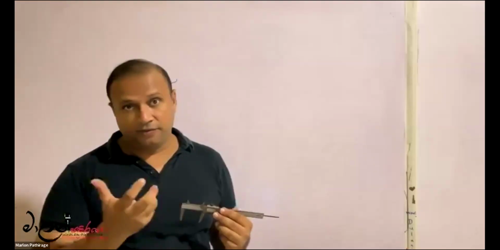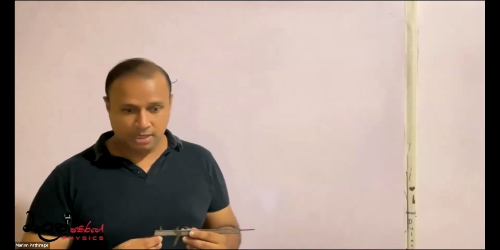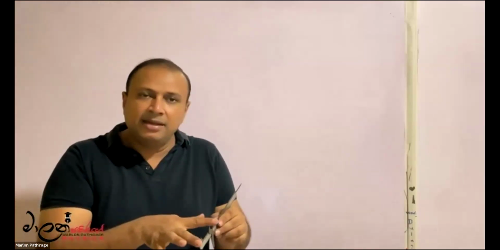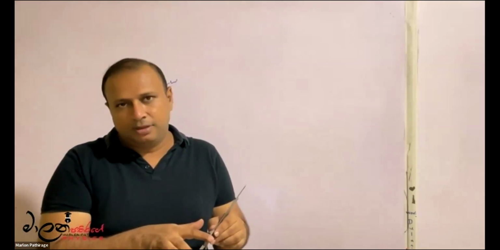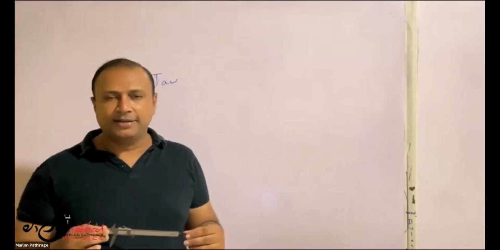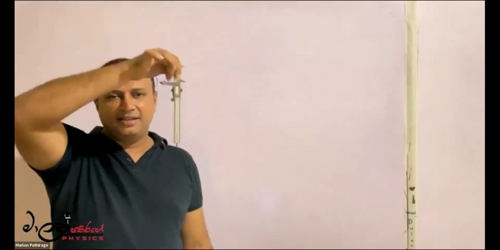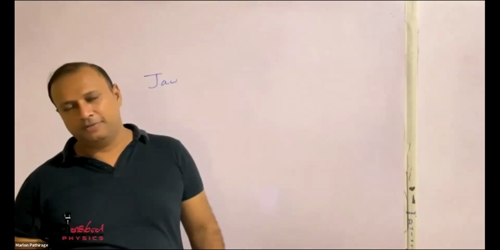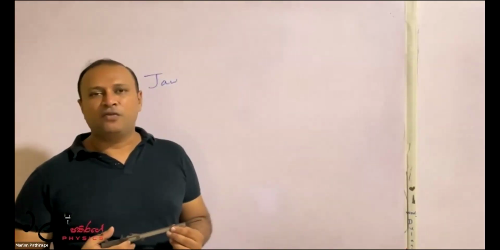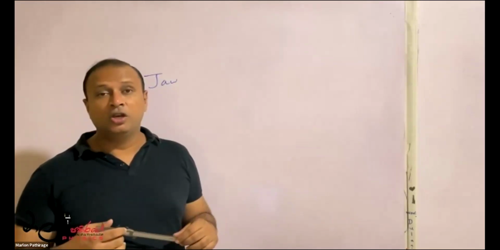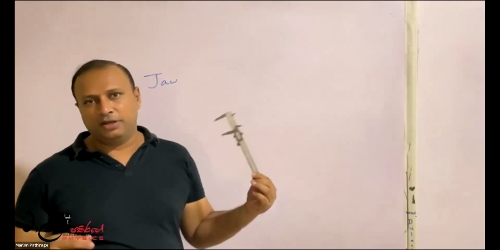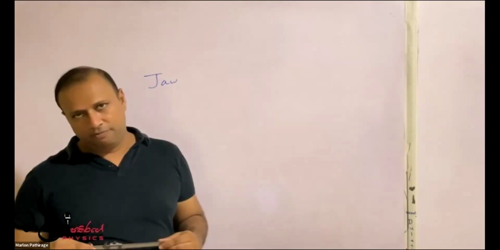External measurements of an object, internal gaps of an object, and then the third one is the depth of a hole. Therefore, we can use a vernier caliper to get those kinds of measurements.